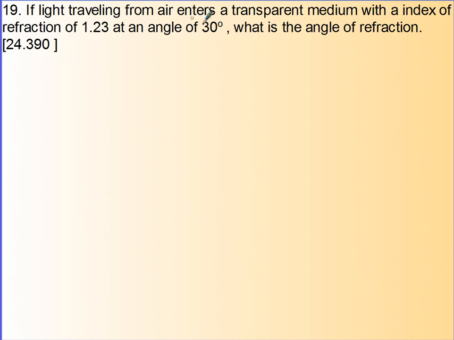If light traveling from air enters a transparent medium with an index of refraction of 1.23, so we've got this situation right here. This is N of air. I know N of air is 1, and N of my medium is 1.23, and it enters it at an angle of 30 degrees.